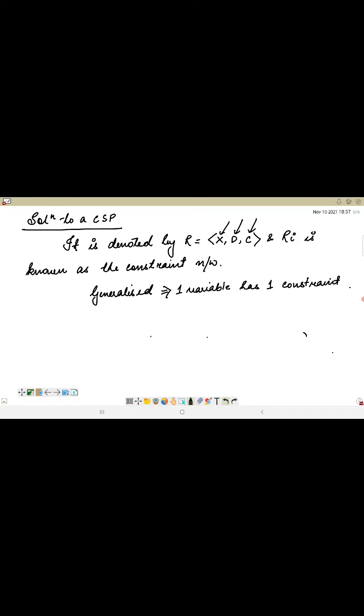For example, let's say I have an alphabet B. B is a variable. B can have a value ranging from, let's say, 0 to 7. This is the constraint that it has, and the domain will be the set of integers. So this can be a possible representation of an entire solution to a CSP.